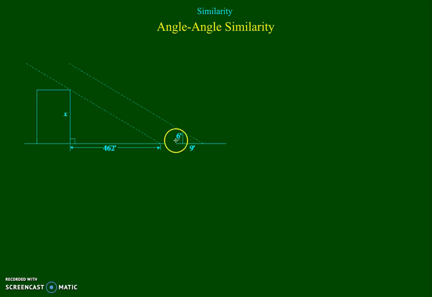Therefore, we know that we can set up a proportion relating these two sides to see if we can find the measure of x. Therefore, we're going to use this side, x, is to 6 as, go back to the original triangle, 462 is to 9.